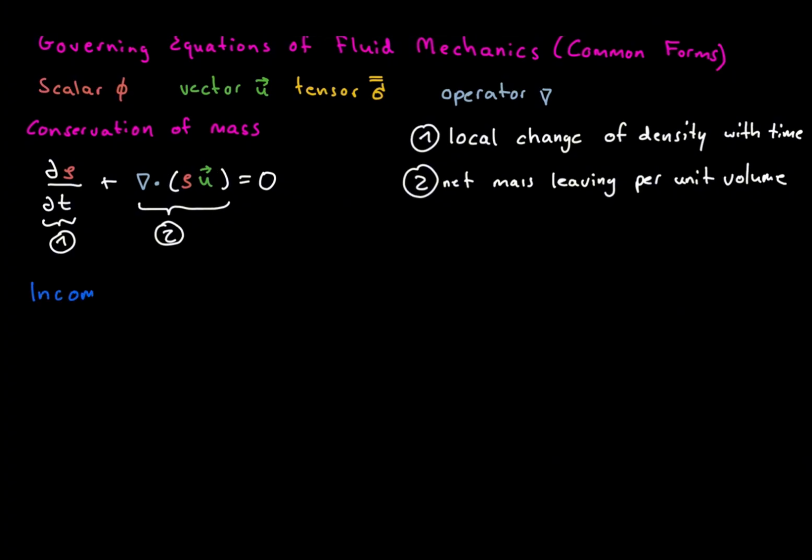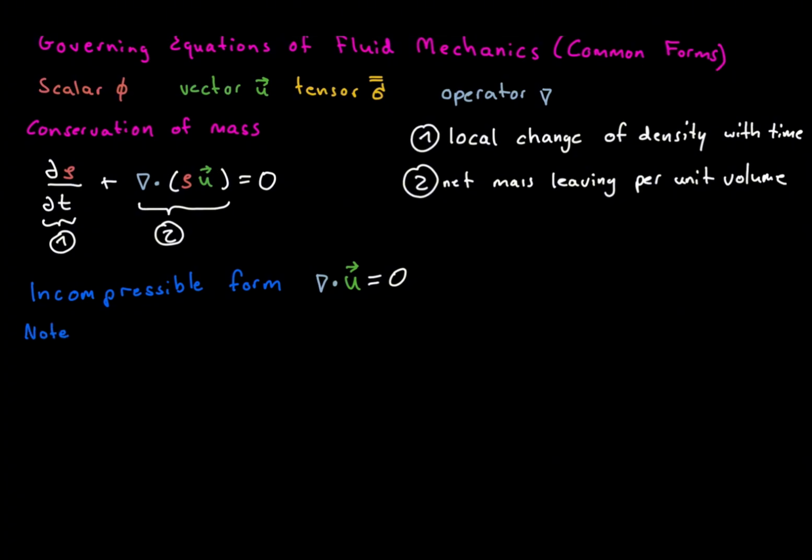For incompressible flow, density is constant. In that case, the equation simplifies to divergence of u equals 0. This does not mean velocity is 0. It means the flow does not locally expand or compress. What flows in must flow out.